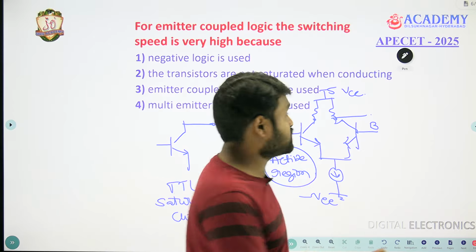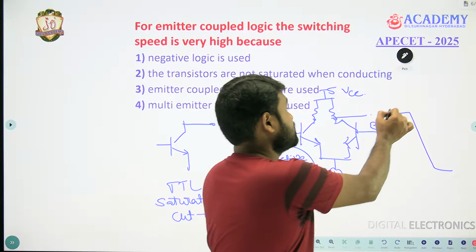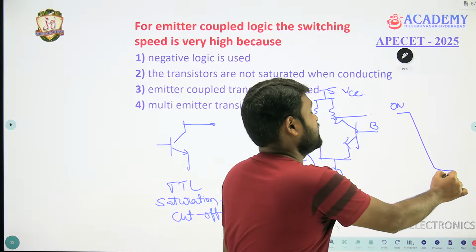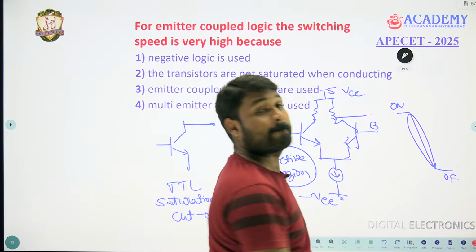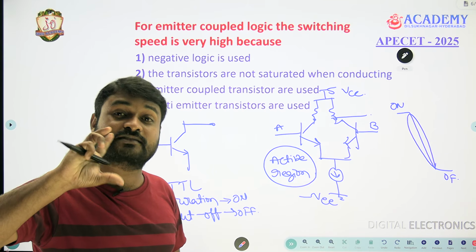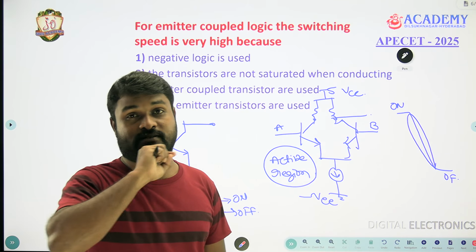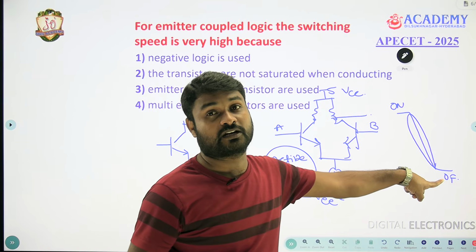If you see the transfer characteristics, let's say this is the on condition, this is the off condition, and this is your linear region. The linear region is much faster than the on region and off region. If you want to go from here to here, it will take a lot of time.